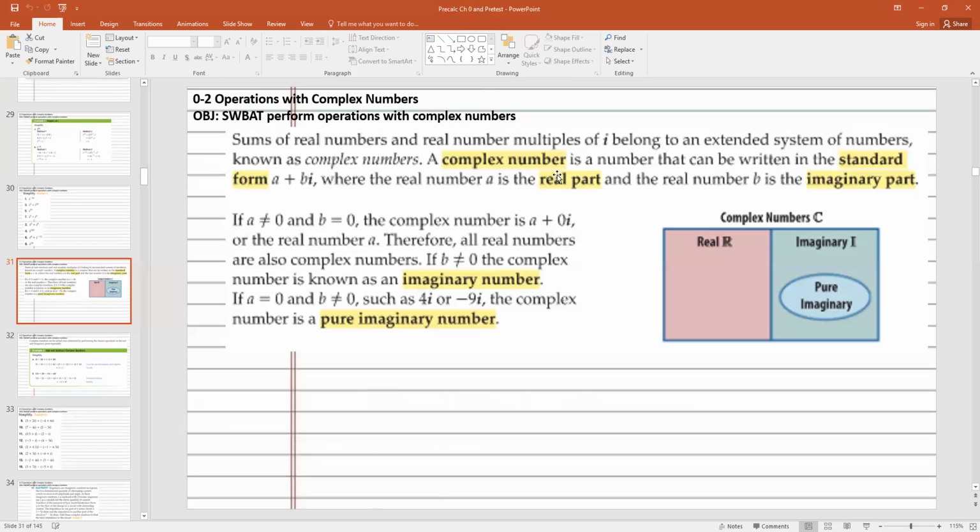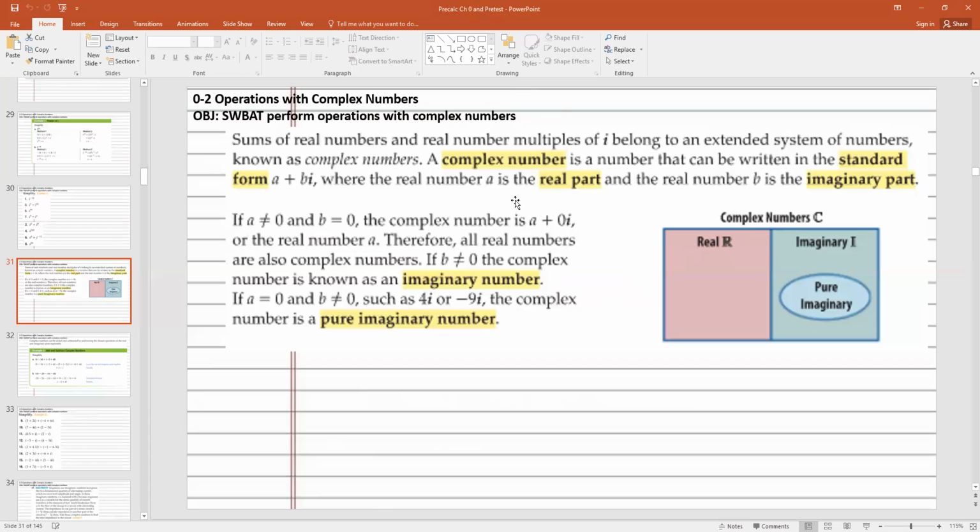Or you could just have imaginary numbers like i, 2i, i squared, i cubed, 5i, 20i, negative 7i. Those are all imaginary numbers. However, they are also complex numbers. So you can have both together or just one of them, and those are complex numbers.